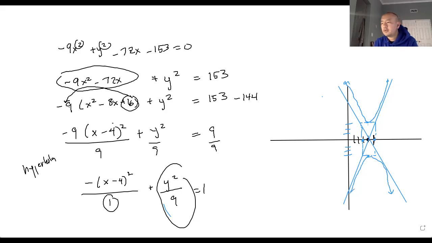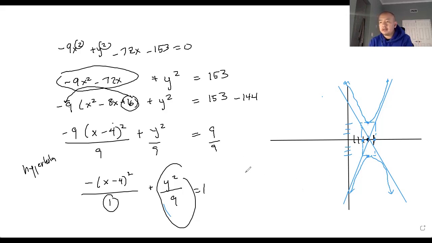All right. And what we also need to focus on is the focus. We need to get the c, and the c will determine, from the vertices of these hyperbolas, where the foci lie.